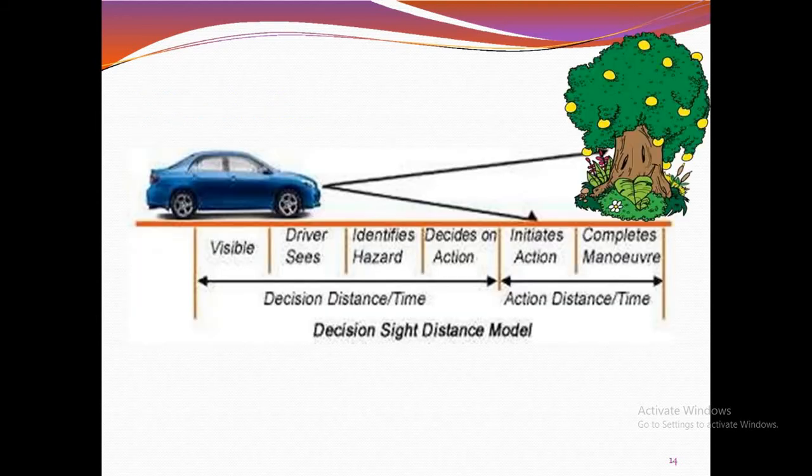For example, in the decision sight distance model, there is decision distance and time, and action distance and time: the driver sees, identifies the hazard, decides on action, initiates action, and completes the maneuver. When we take good decisions, we can avoid accidents.